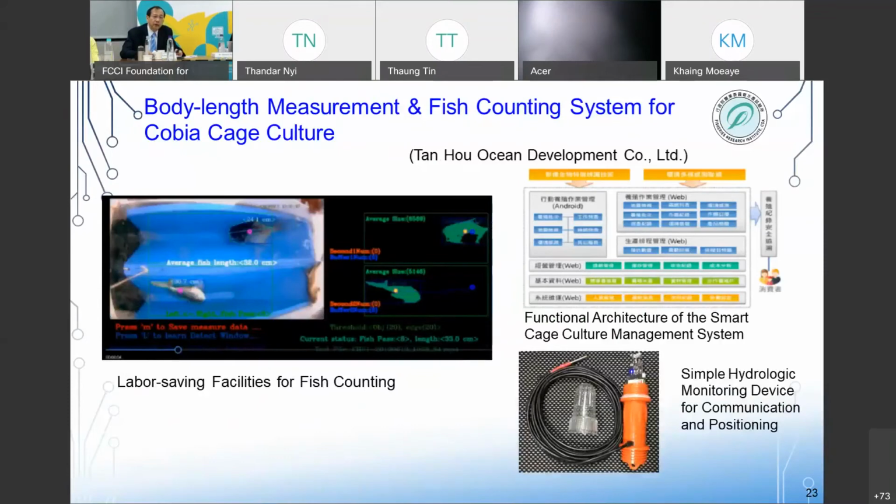And this one is for cage culture of marine fish, cobia. This is the body length measurement and fish counting system for cobia cage culture.